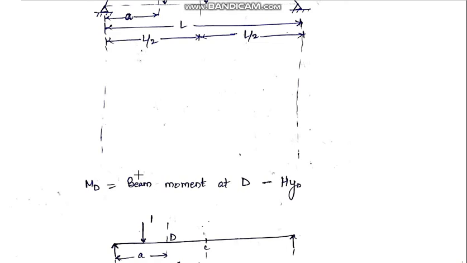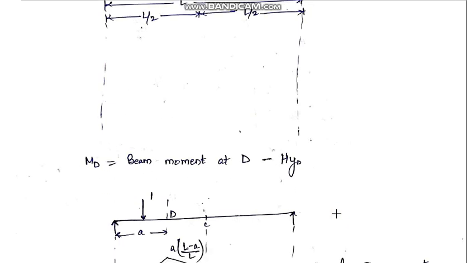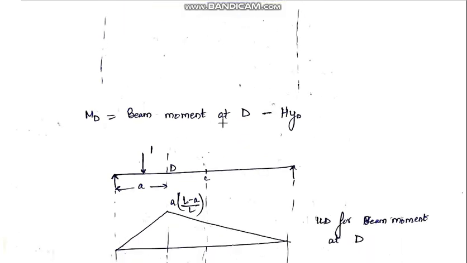Now if I draw the ILD for the bending moment at D in a simply supported beam, and superimpose it with the ILD of H into yD, I will get the total ILD for the bending moment at D section. In the previous lecture we learned how to draw the ILD for the bending moment at any section in a simply supported beam, and it came like this.